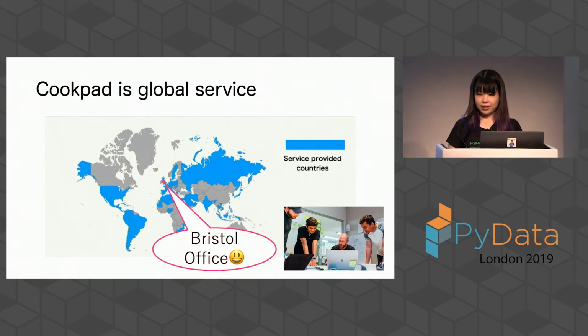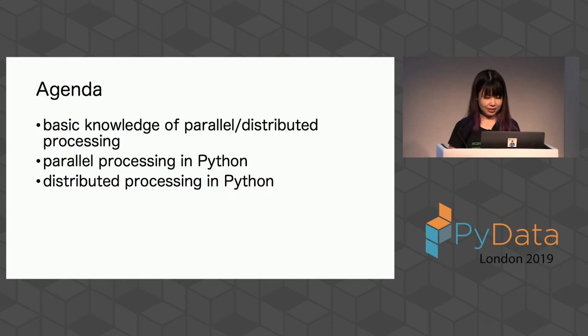It's a lot of fun to cook in the kitchen of the office during our work. Cookpad is used in 71 countries and 26 languages. We have 94 million monthly average users. The photo at the lower right is the Bristol office members. We are very friendly.